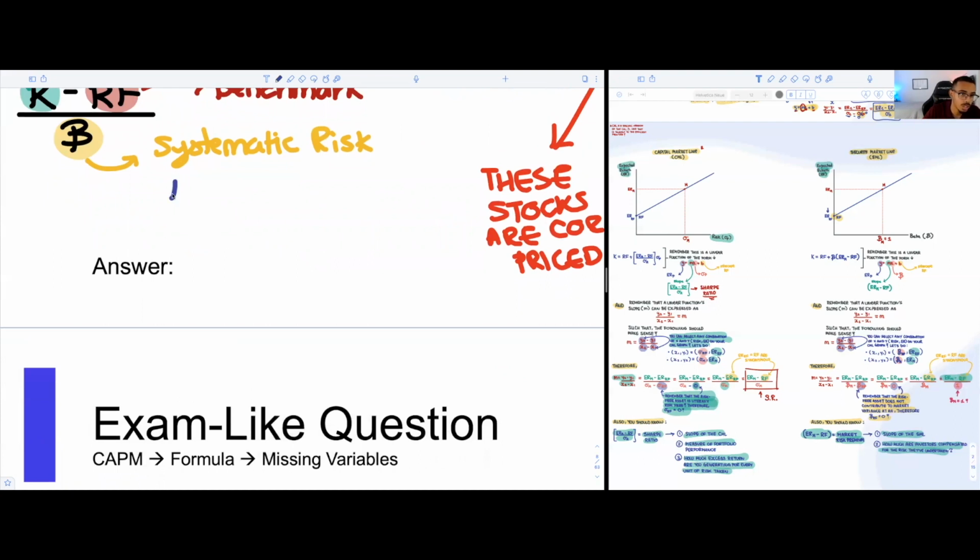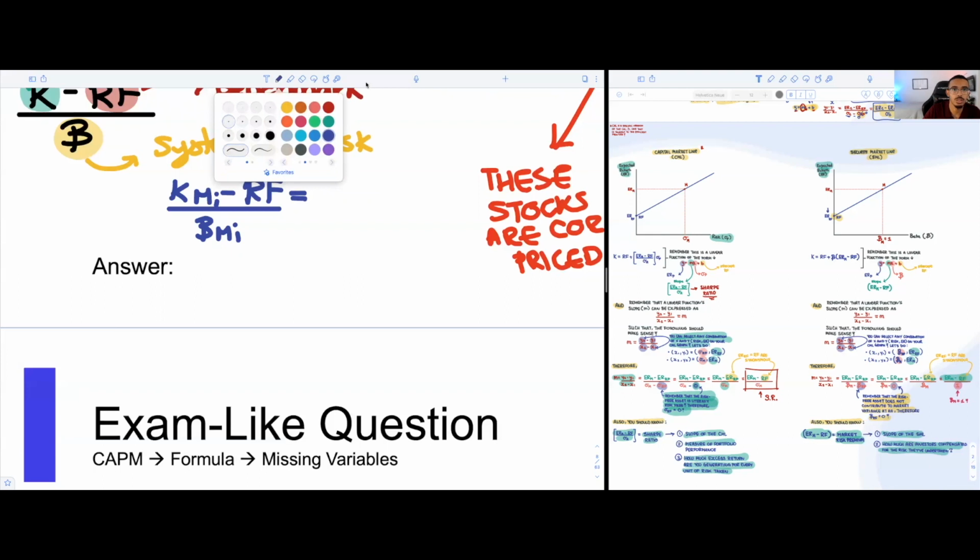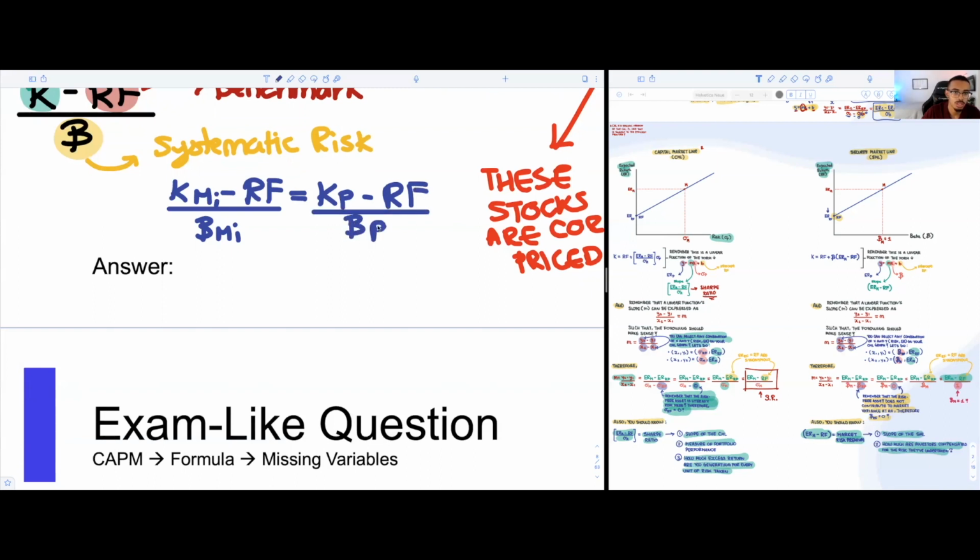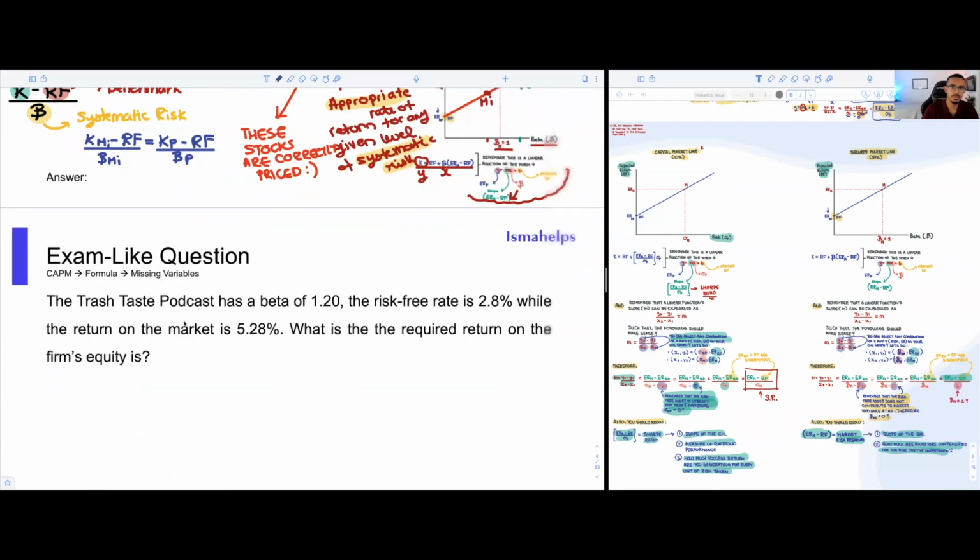I apologize for that. So we know that K of Microsoft minus RF over beta of Microsoft will be equal to, in this case, I guess we'll leave it in the same color, the K of Pepsi minus RF over the beta of Pepsi. I forget the amounts, so I'm going to zoom out a little bit.